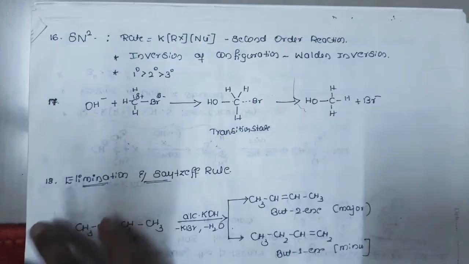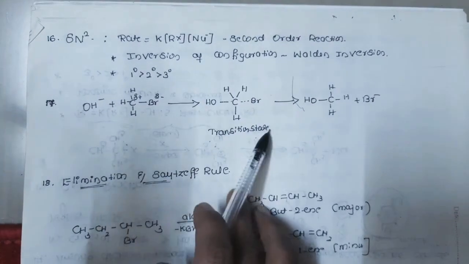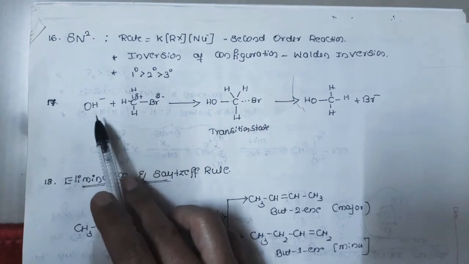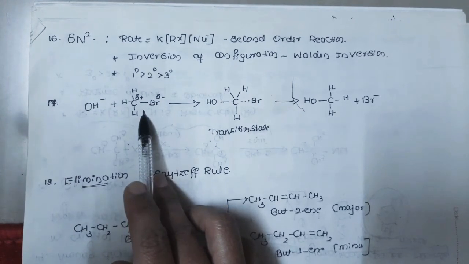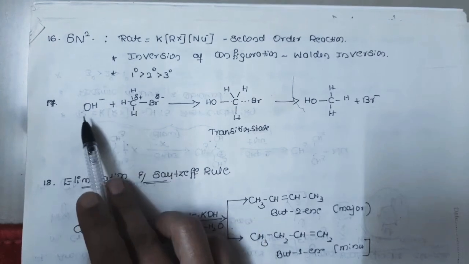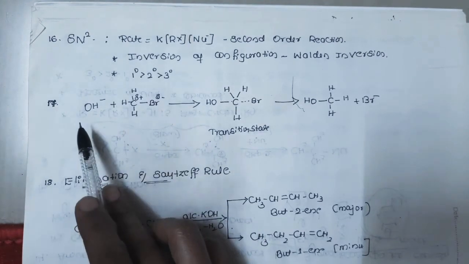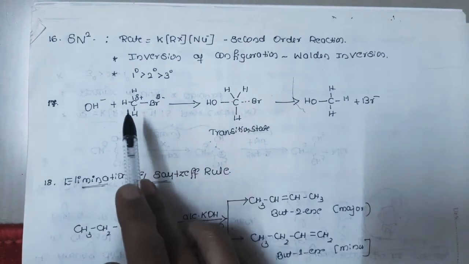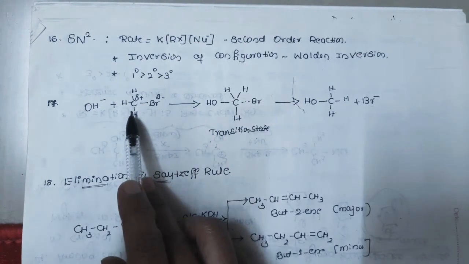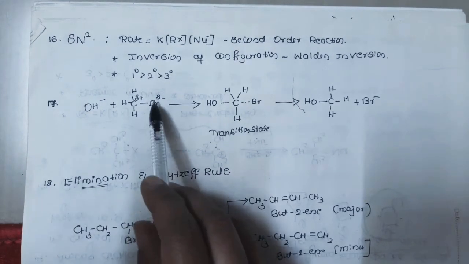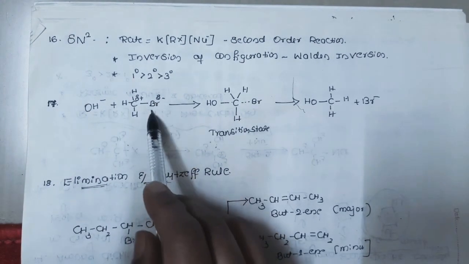Now this is a reaction. It's a single step reaction. This is a primary alkyl halide that we're going to take. OH minus is a nucleophile, where the nucleophile will attack the alkyl halide from the back side, because here there is already a bulky group present.